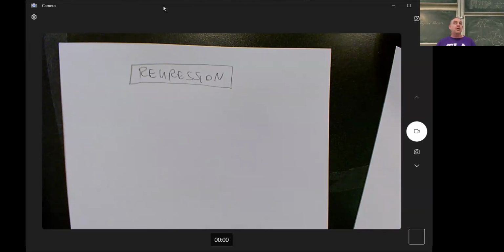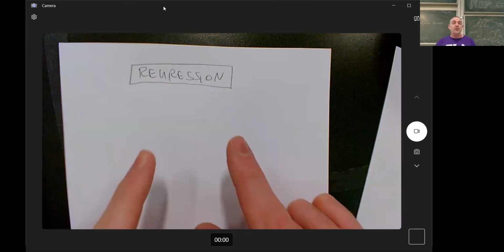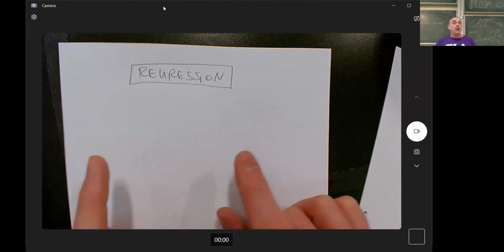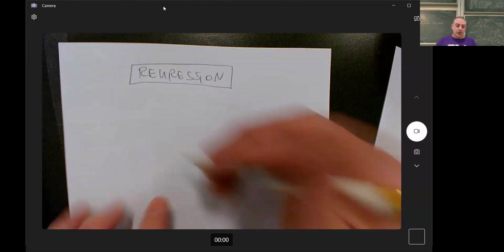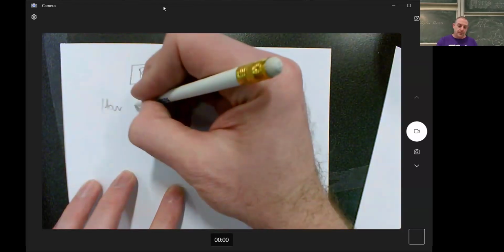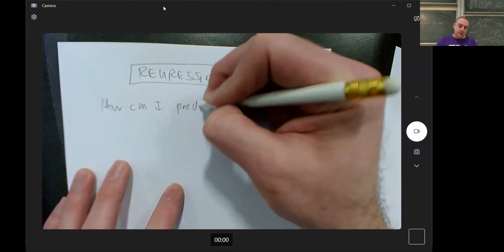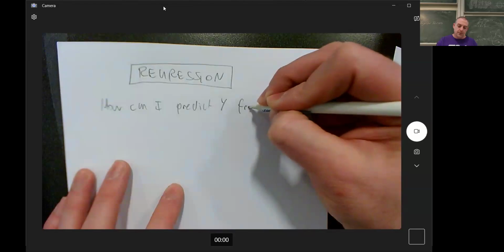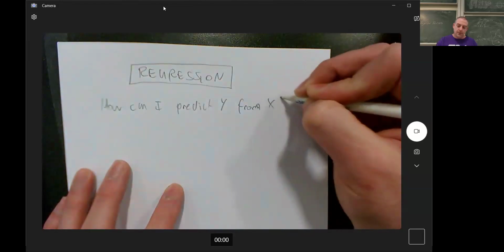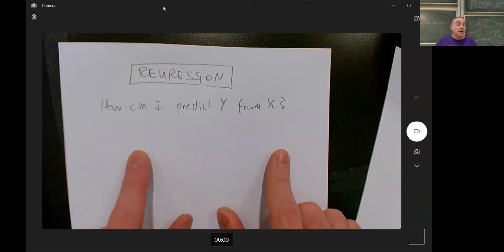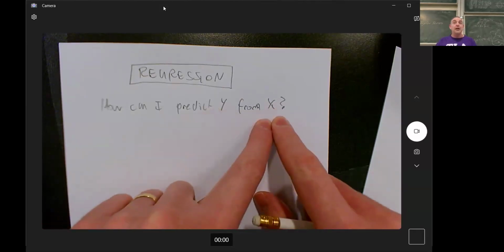Regression is a statistical procedure designed to answer a question that goes, how do you predict one thing from another? How can I predict y from x is the question that regression is asking, and y could be anything and x could be anything.